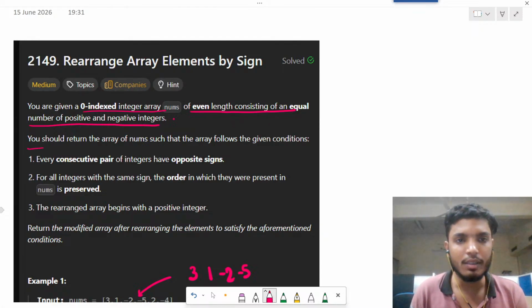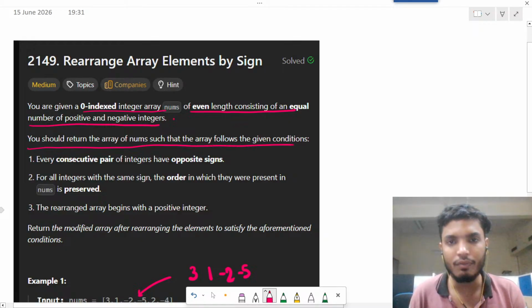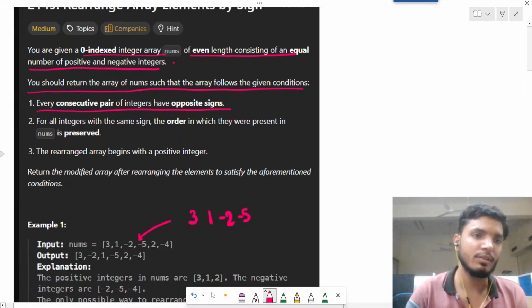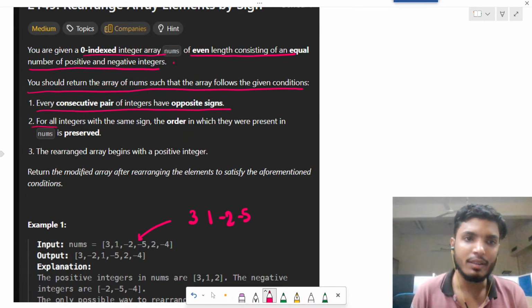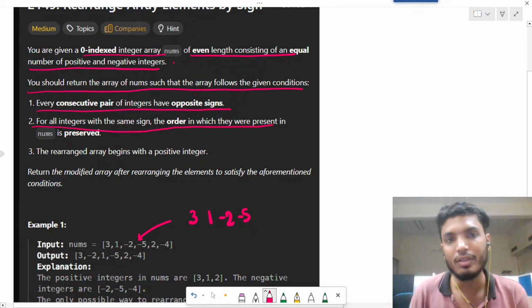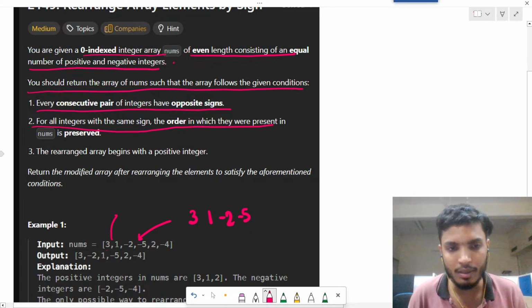You should return the array of numbers such that the array follows the given conditions. Every consecutive pair of integers has opposite sign. There are an equal number of positive and negative numbers in the array. So here the number of positives is how much, 3 1 and 2. So 3 are positive numbers.